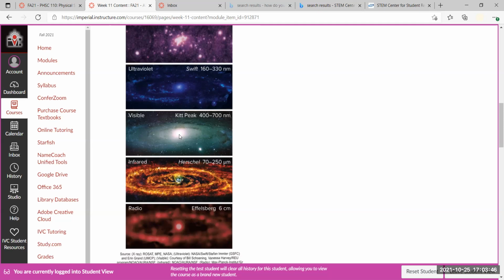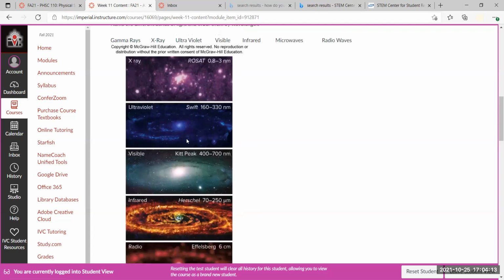The central region is bright, and there are some bright stars, or bright clusters of stars, in this galaxy. But as you look at it in infrared, it looks different. As you look at it in radio waves, there is a ring in here with high intensity emission, and also the central point still has high intensity radio waves. If you look at the same galaxy in ultraviolet, it shows two rings in addition to the central one.